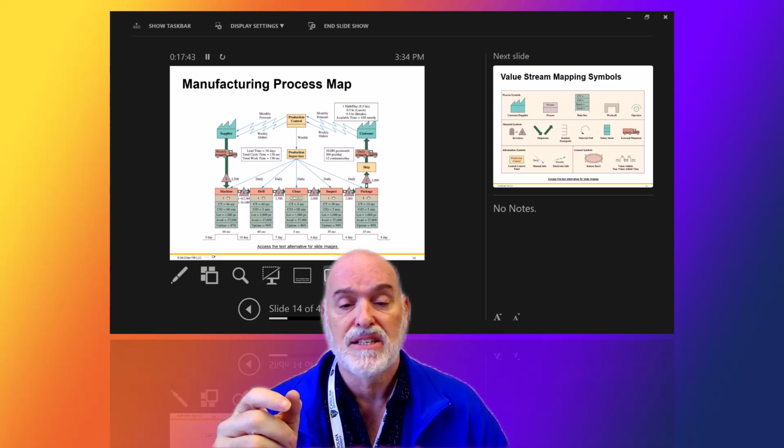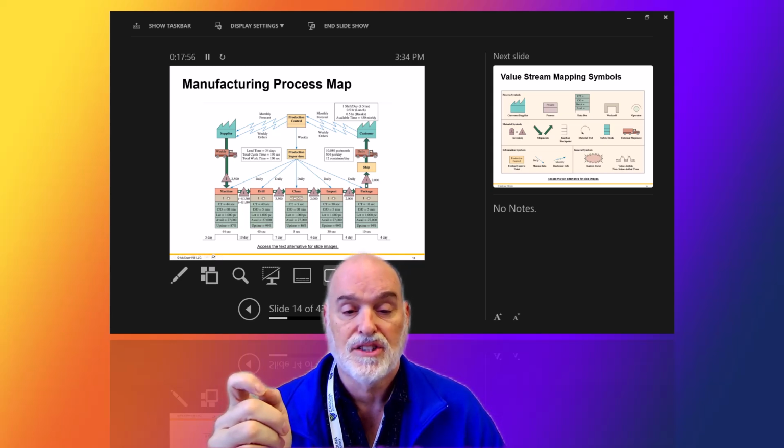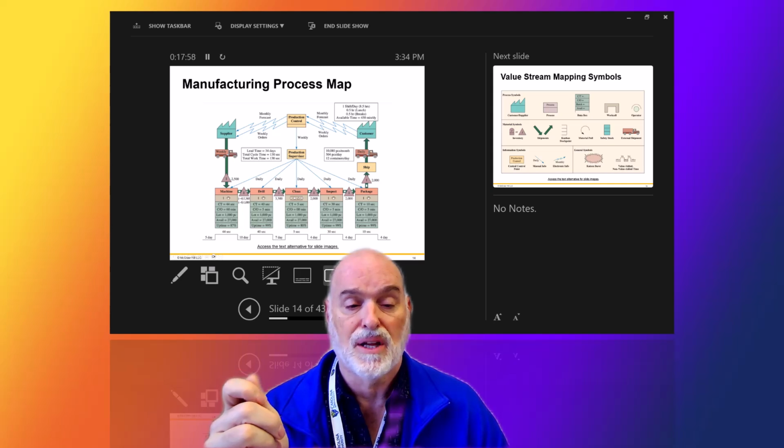And then all of this information here goes to a production supervisor, and then it goes out to the various aspects of your operation, and then you ship to a supplier, or you get product sent to you from a customer.